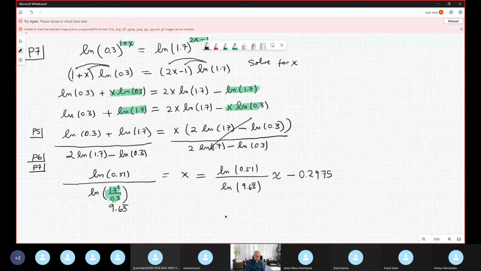Okay, let me try one more time. In my calculator I have the natural logarithm of 0.51 divided by the natural logarithm of 9.6333, so I put 1.7 power 2 divided by 0.3, close the parentheses and press enter.